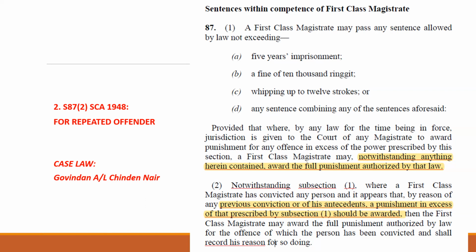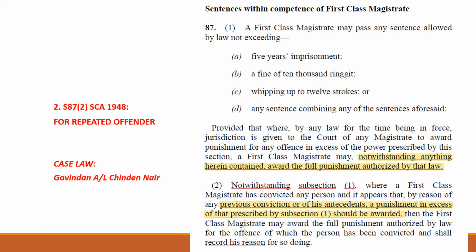You get me? But the magistrate, if they impose such excessive punishment, more than what is provided under 5 years and 10,000, must give reason, must record down in his judgment what his reason is to punish more for this particular case. That is, of course, needless to say, because this is a repeat offender.